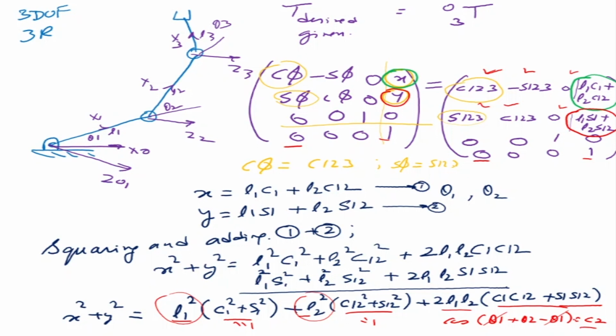Okay, so let me write this equation again. Simplifying it, what we got here is x squared plus y squared is equal to L1 squared plus L2 squared plus twice L1 L2 cos theta 2. This is what we have got. So theta 1 got cancelled out.